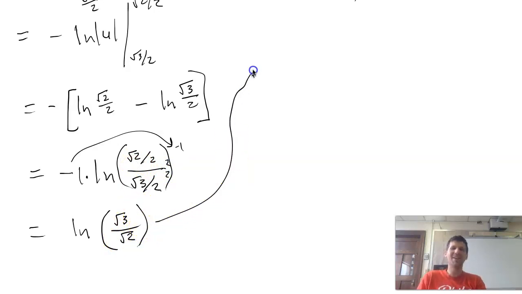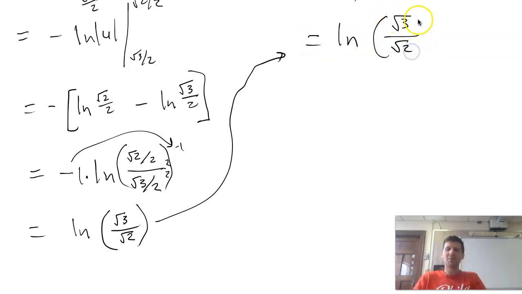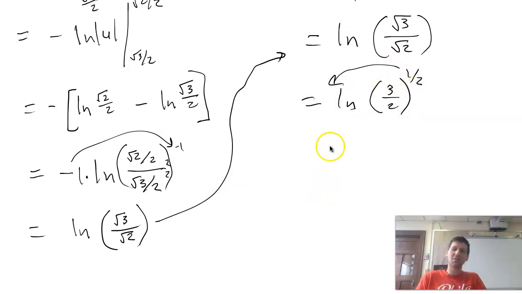Oh my god, I'm probably going to lose some people on that last step. Because now, root 3 over root 2 is the same thing as 3 over 2 to the 1/2 power, right? And then we could put that as a coefficient, because it's vice versa of what we did here. So it really just ends up being 1/2 the natural log of 3/2.